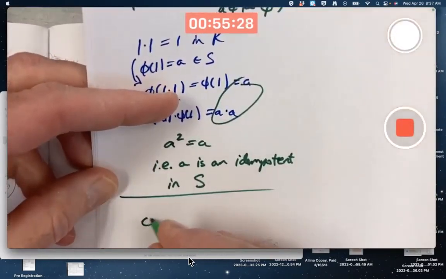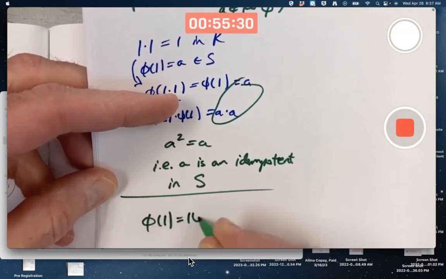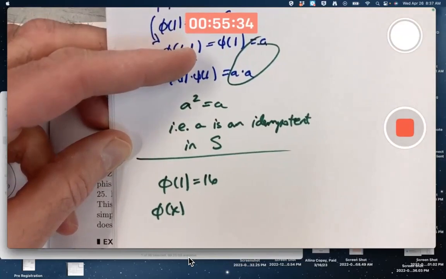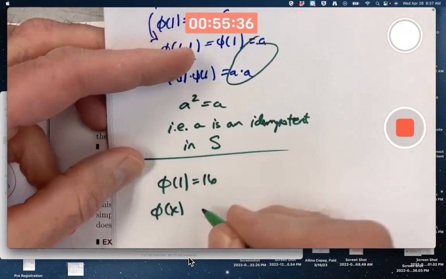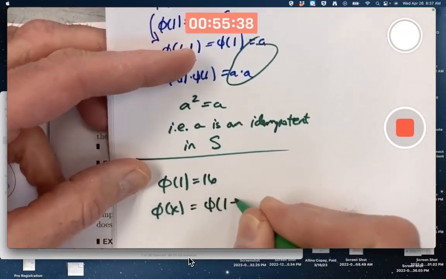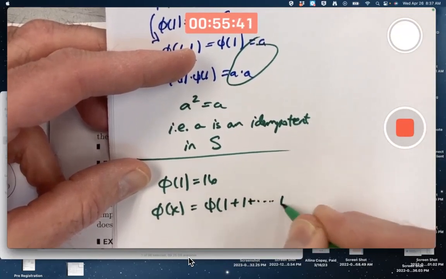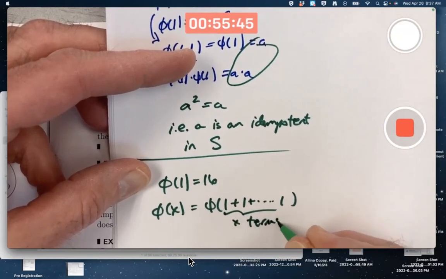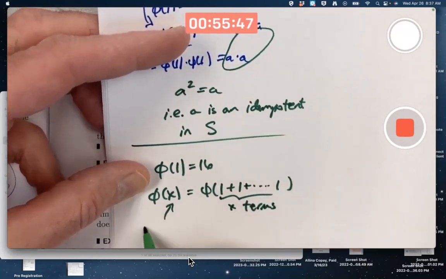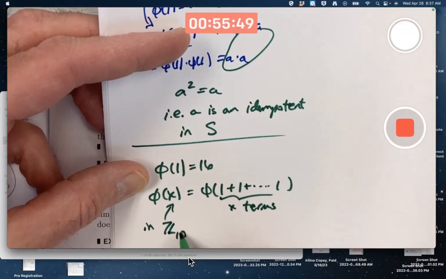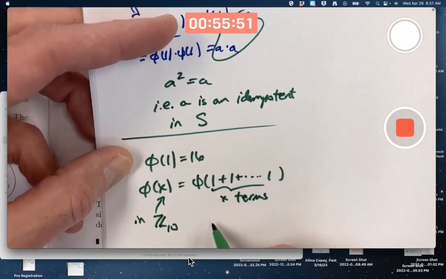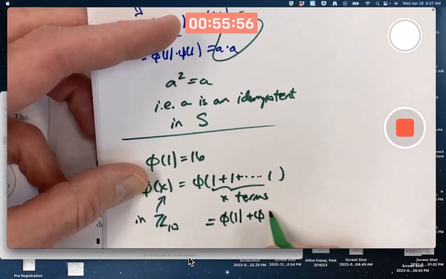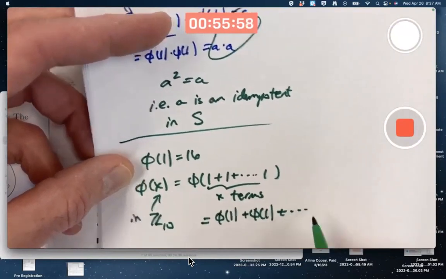If 1 gets mapped to 16, then an arbitrary element X in Z10 is 1 plus itself with X terms. And since phi is a group homomorphism, I can write this as phi of 1 plus itself with X terms as well.